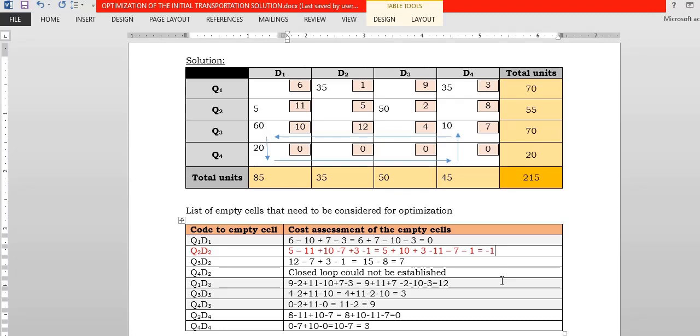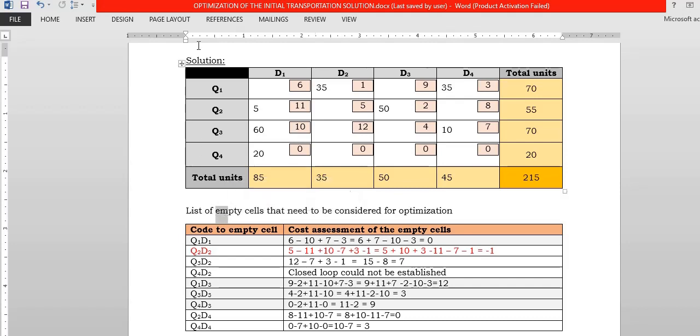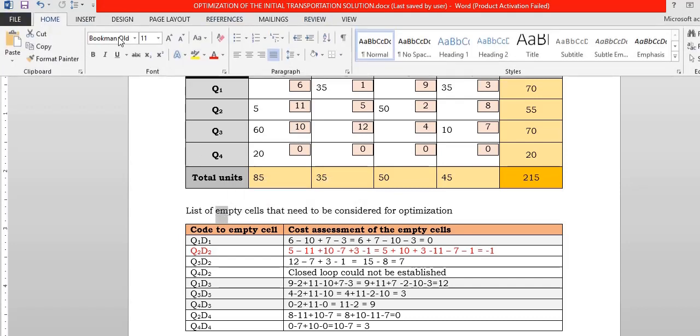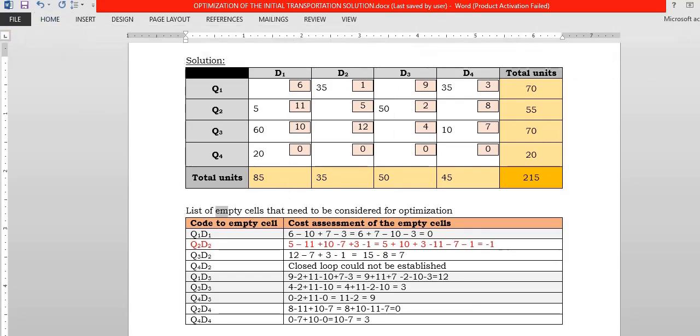So we need to extract that route and see how the items in that particular route can be reallocated, with the intention of minimizing the transportation costs.